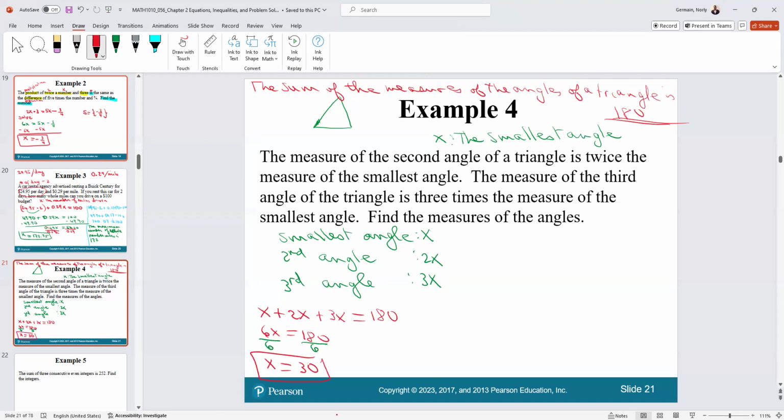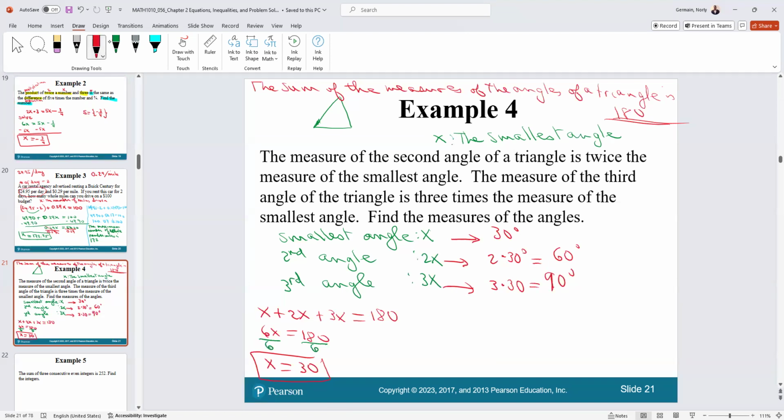So the smallest angle is 30 degrees, and the second angle is 2 times 30 degrees, which gives you 60 degrees. And the third angle would be 3 times 30, which gives you 90 degrees.